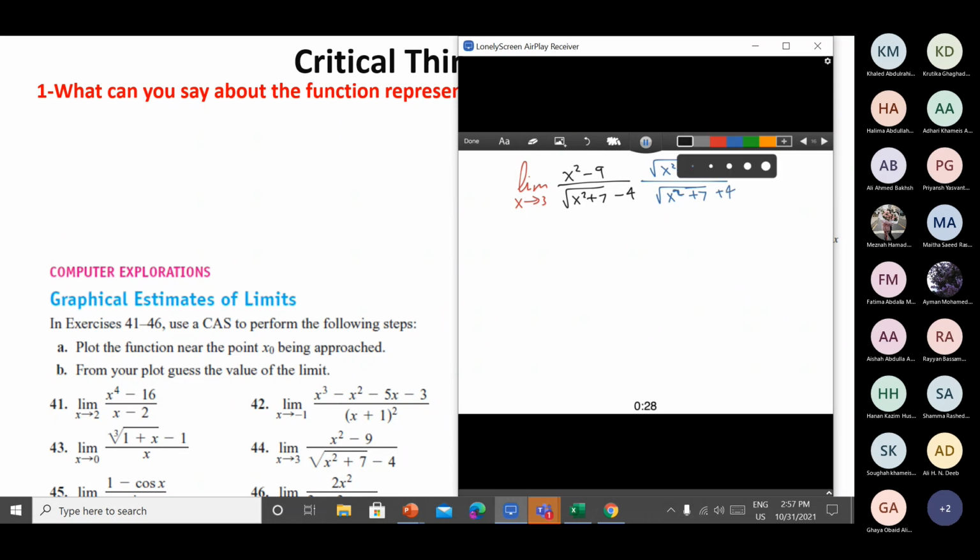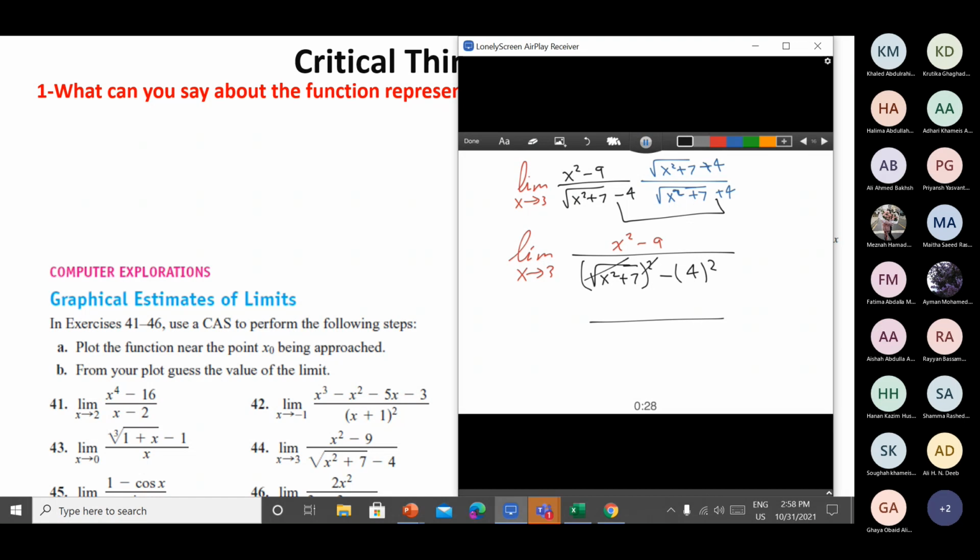The point of multiplying by the conjugate, again, is to have the square difference. So the square difference makes root square of x squared plus 7, squared, minus 4 squared. And I will still have x squared minus 9 over here, with the limit when x tends to 3. Now let's square this. The square and the root square cancel each other, right? So I have x squared plus 7 minus 4 squared, which is 16.